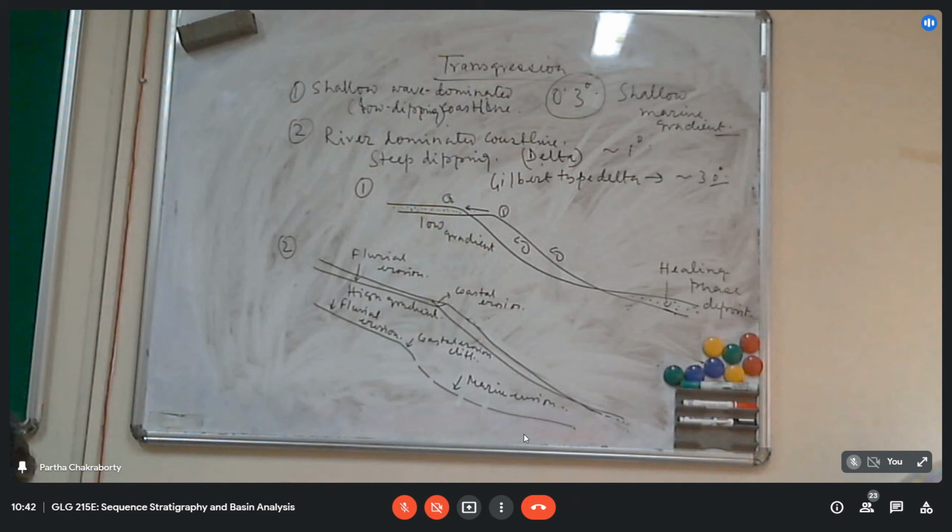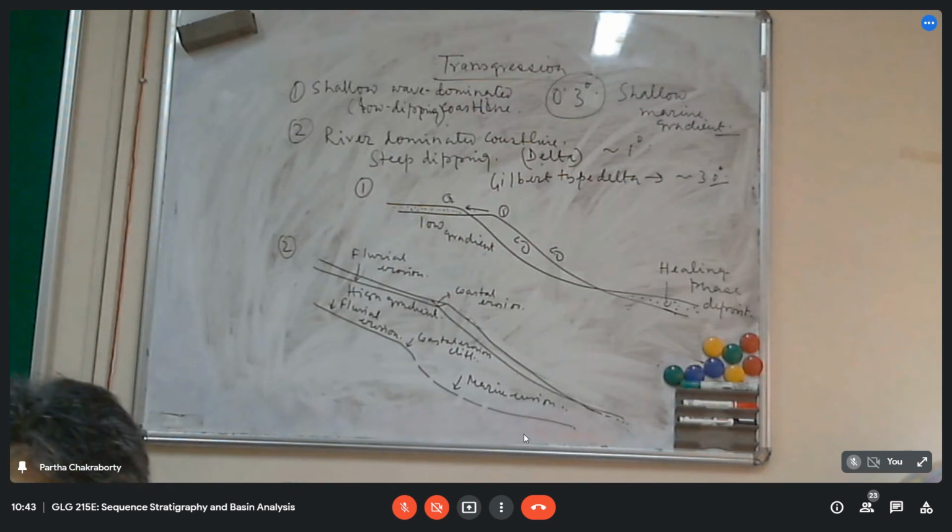Now, within this transgressive system tract, how do the different types of coastline behave? We are dividing the coastline into two types. One is the wave dominated, low gradient coastline, where we normally get a gradient of 0.3 degree. The wave always tries to make an equilibrium surface of the shoreline with the prevailing energy condition of the wave.